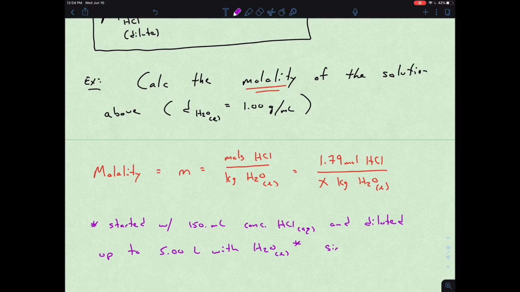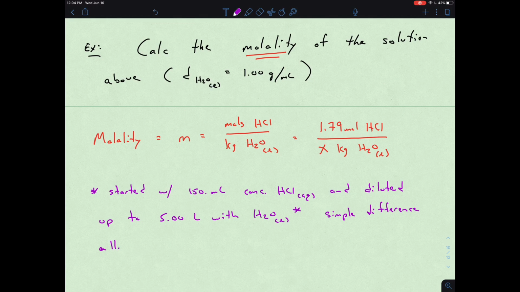So, a simple difference allows us to determine how much water is added.